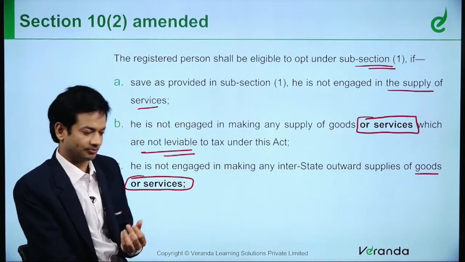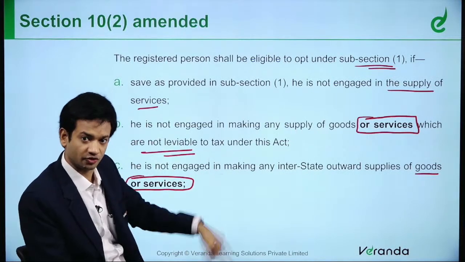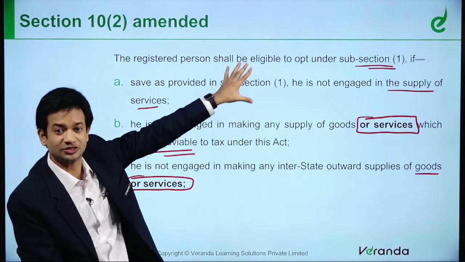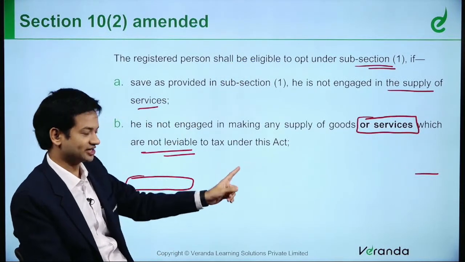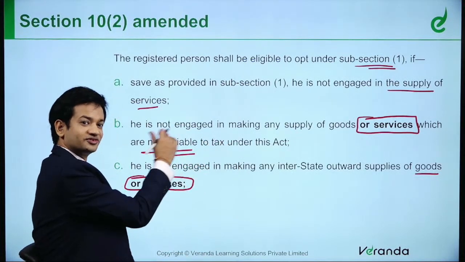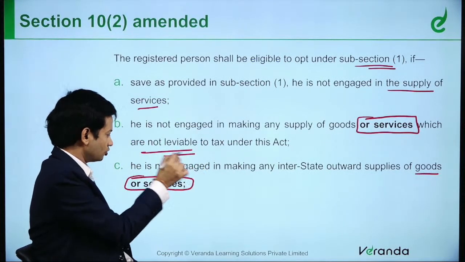Just to give an example, earlier if I was making interstate supply of service, I was still eligible. I was still not disqualified under this subsection. But now after this amendment, if I make an interstate supply of service, I will not be eligible under this, because now where goods was there they have inserted services.